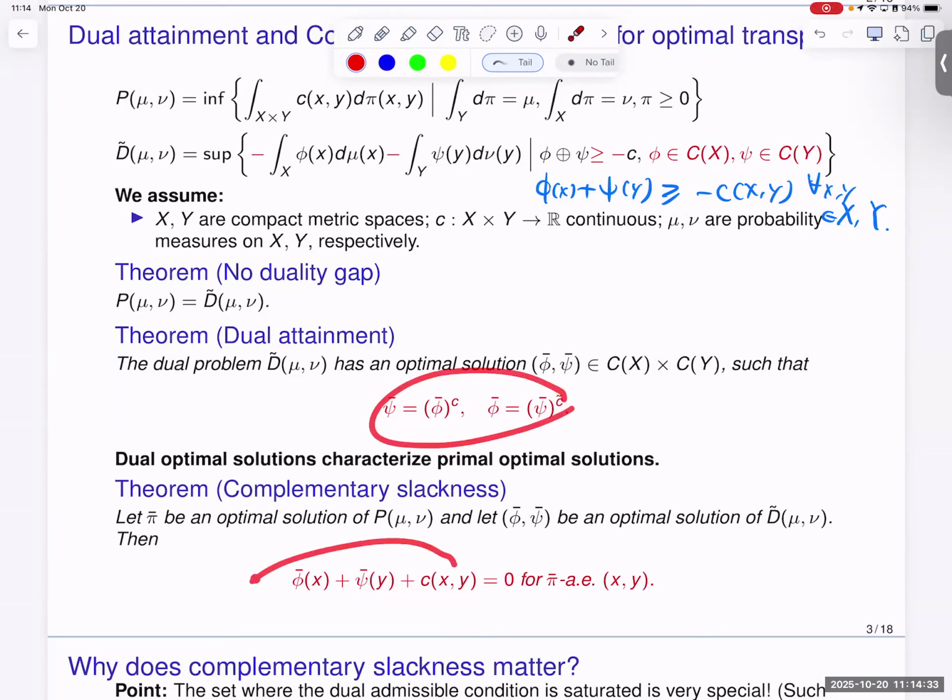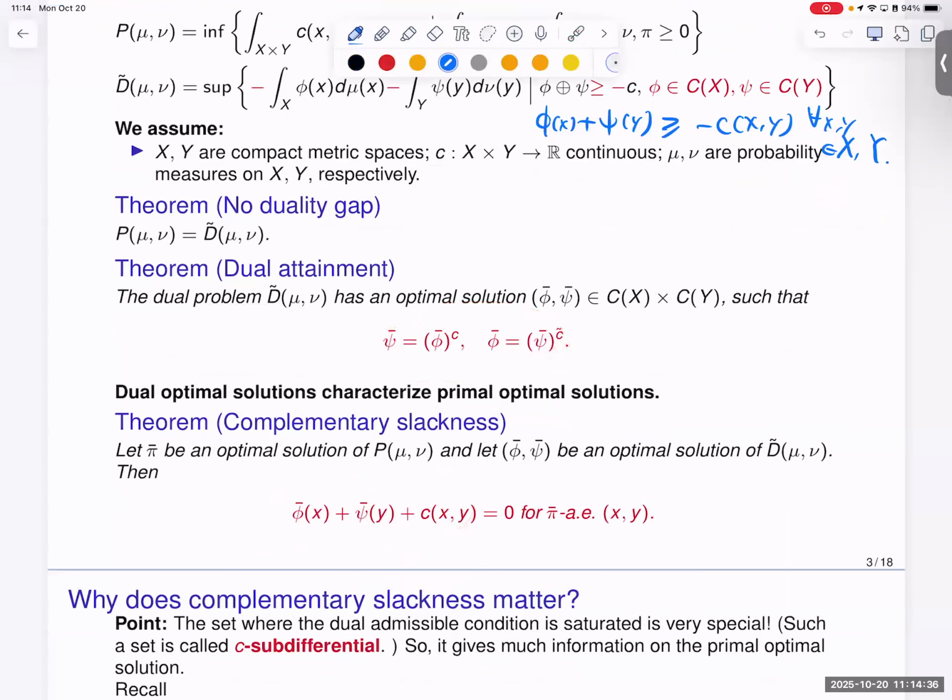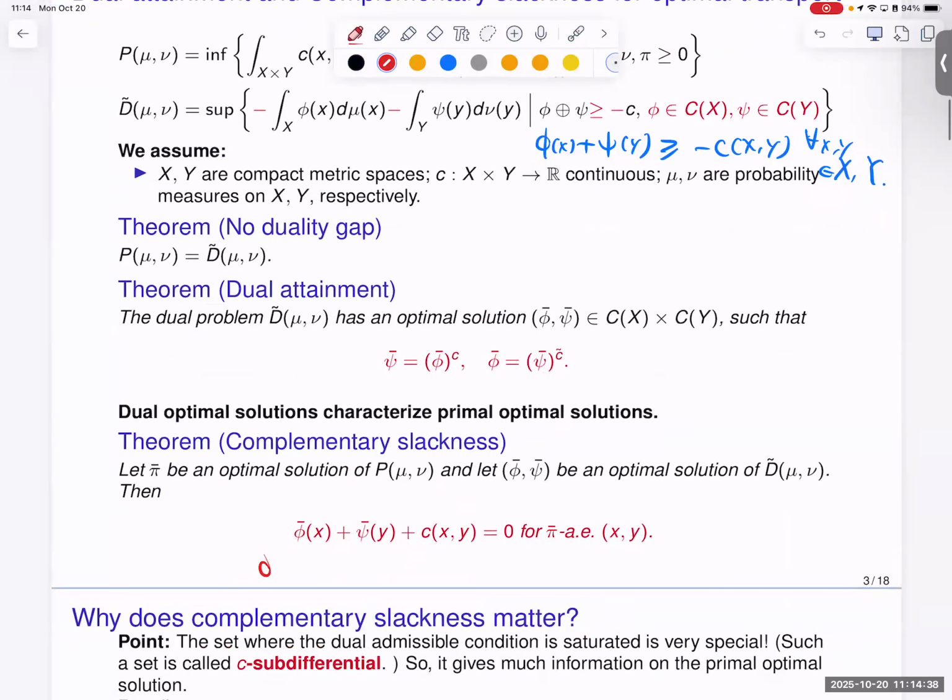So if you combine these two, then what we have is phi bar(x) plus phi bar^c(y) plus c(x,y) equals 0. Or of course you can just write it this way: psi bar^c(x) plus psi bar(y) plus c(x,y) equal to 0.